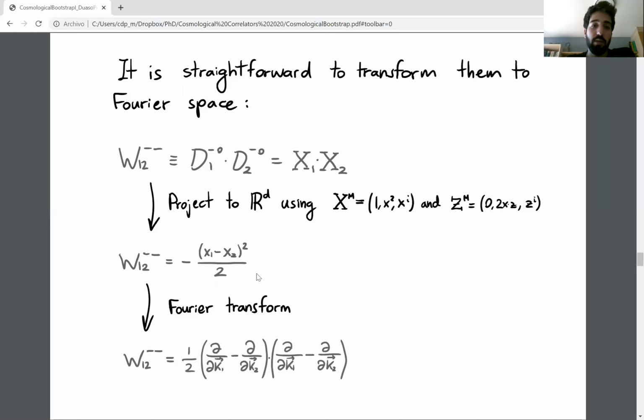And once we do this, it's straightforward to Fourier transform, because we just have powers of the coordinates and derivatives of the coordinates. So in this way, we have managed to build a series of operators in Fourier space that will allow us to relate different correlators of different weights and spins.